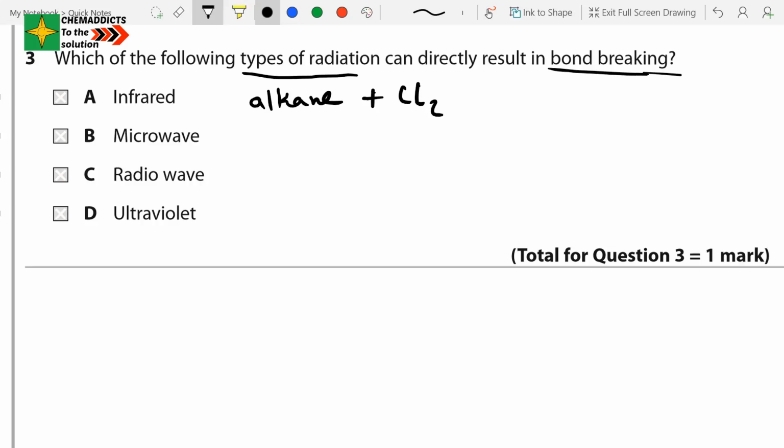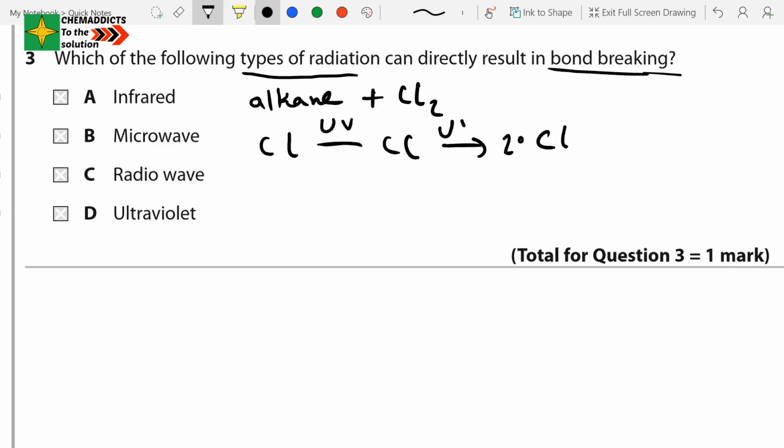There, in the initiation step, we required chlorine to break down into free radicals, chlorine free radicals. In order to break this bond we required UV radiation.